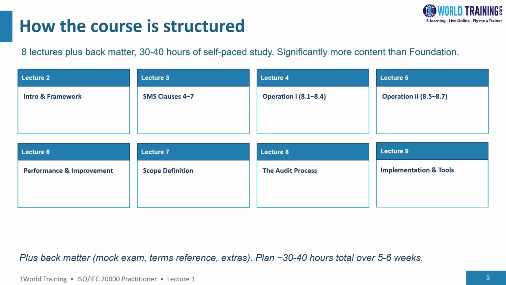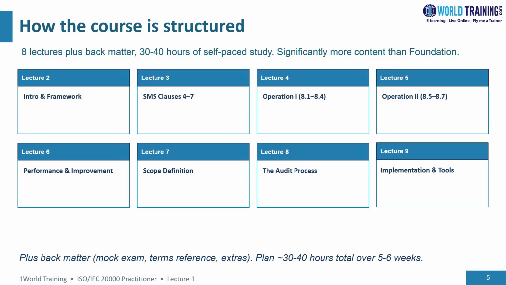Lecture 4, operations part 1, clauses 8.1 through 8.4, including service portfolio, relationship and agreement, supply and demand, the first half of the operational processes. Lecture number 5 is operations part 2, clauses 8.5 through 8.7, service design, build and transition, resolution and fulfillment, service assurance, etc. The second half of operations.